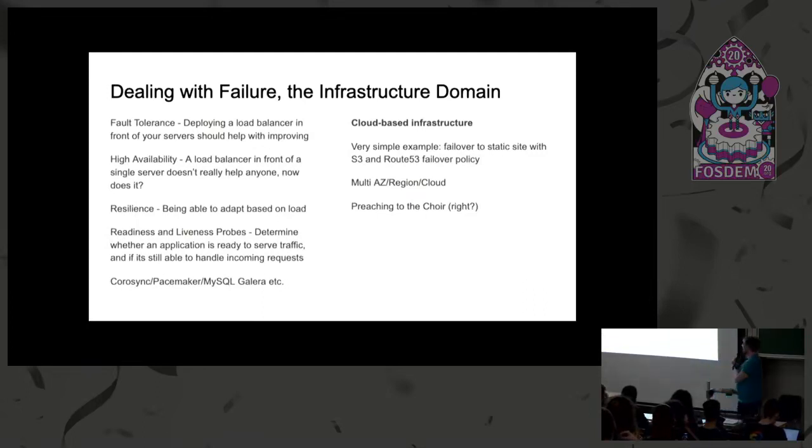Some example technologies: Corosync and Pacemaker are Linux tools that I am quite familiar with. MySQL Galera is quite an interesting tool to make sure that we have multiple MySQL servers and one can easily die without having the others affected.